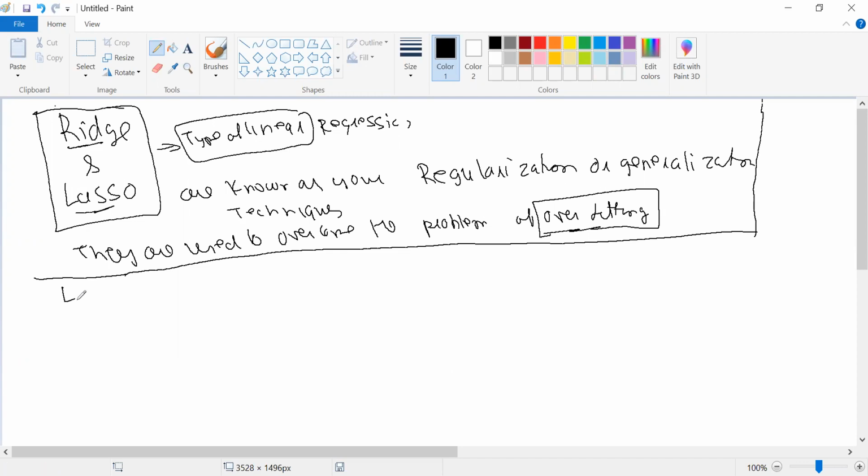Lasso is known as L1, or L1 regularization, and Ridge is known as L2 regularization.